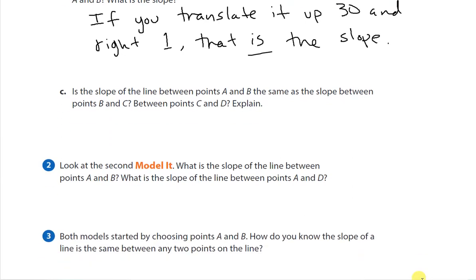And then part C, 1C. Is the slope of the line between points A and B the same as the slope between B and C? Between C and D? Explain. Is the slope going to change? If you think it's going to change, if you're not sure, read the title of this lesson again.